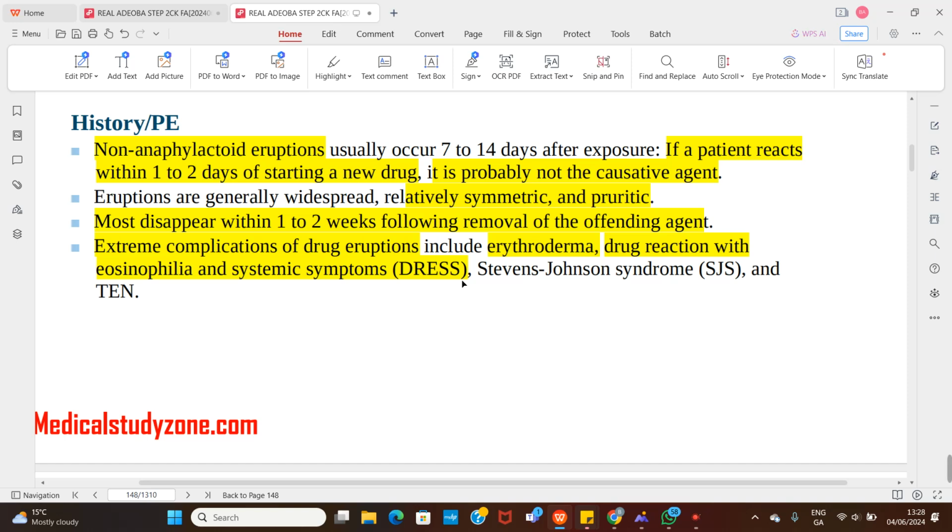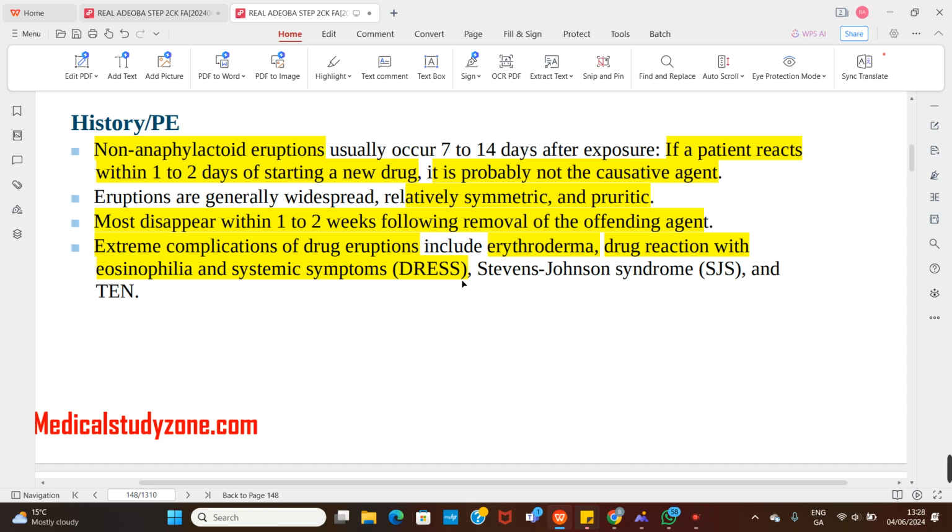But the number one organ that you must always remember for DRESS is the liver. You just see them having deranged liver enzymes. Usually it's characterized by elevation of the ALT, the alanine transaminase level.